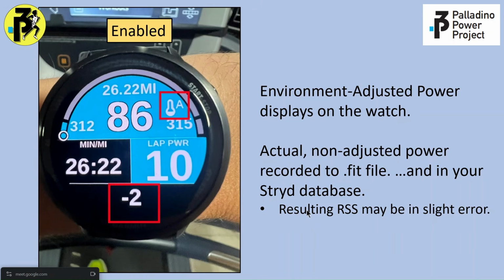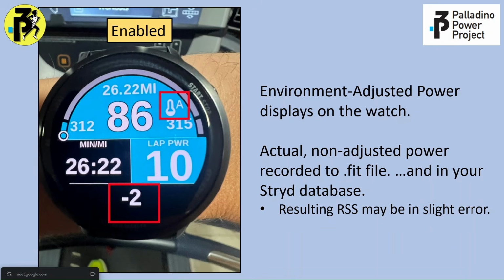So if, for example, you're running in conditions where you're running 2% lower power, right, to achieve that environmental adjusted power, you're running 2% lower.